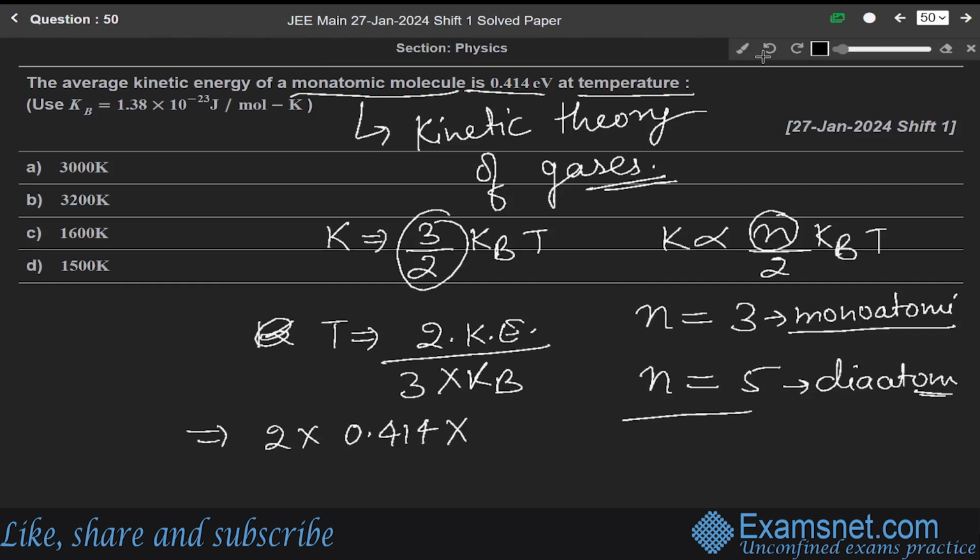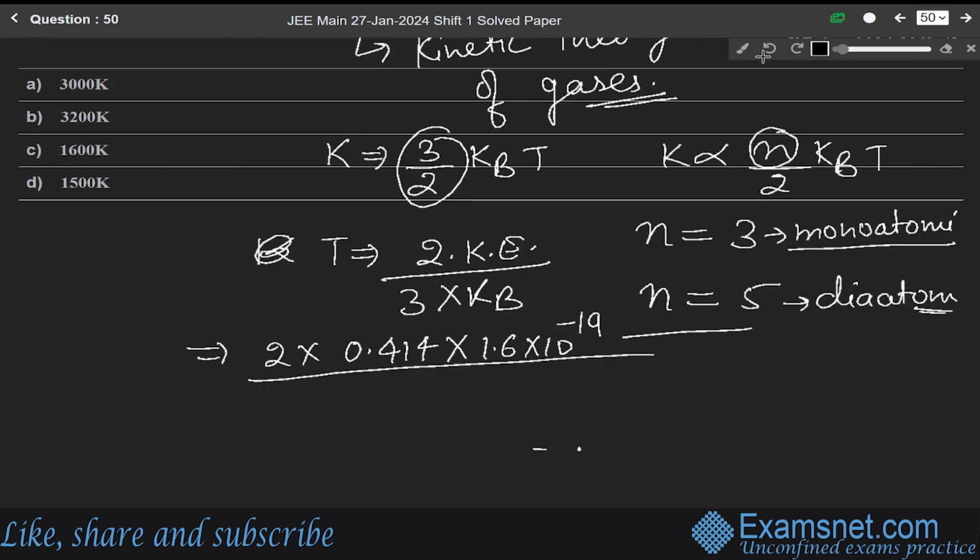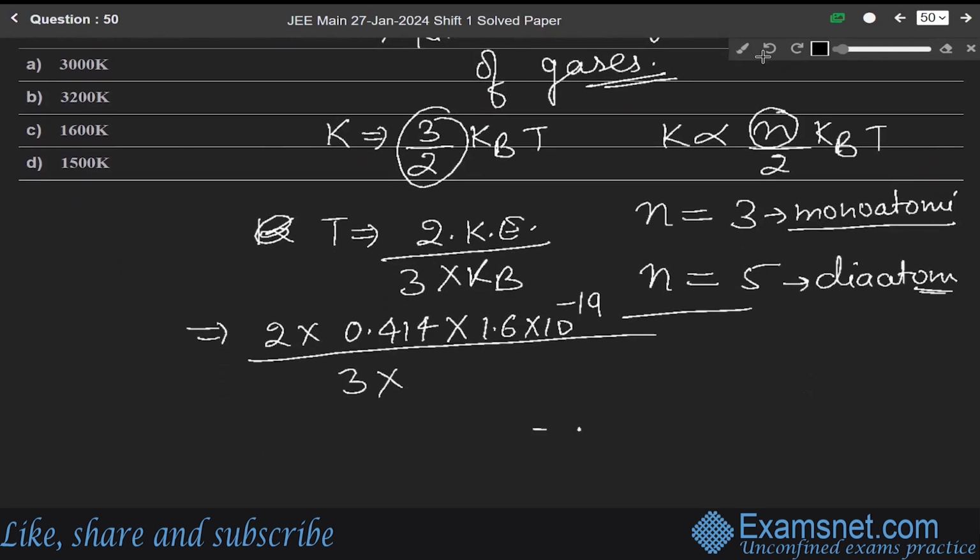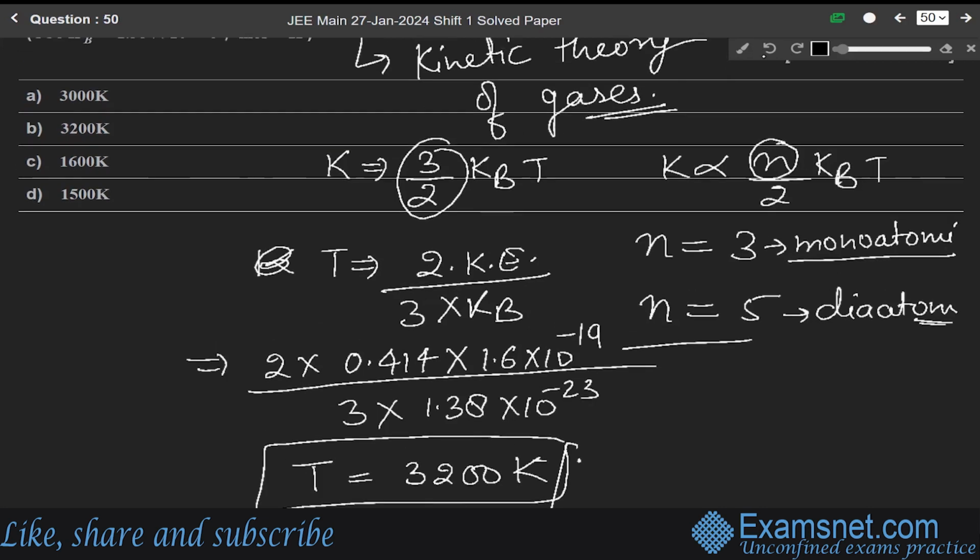Convert this electron volt into joule, 1.6 into 10 to the power minus 19, over 3 into kB. kB is the Boltzmann constant. Its value is 1.38 into 10 to the power minus 23 joule per Kelvin. Solving this, we get T is equals to 3200 Kelvin. So our correct answer is option B.